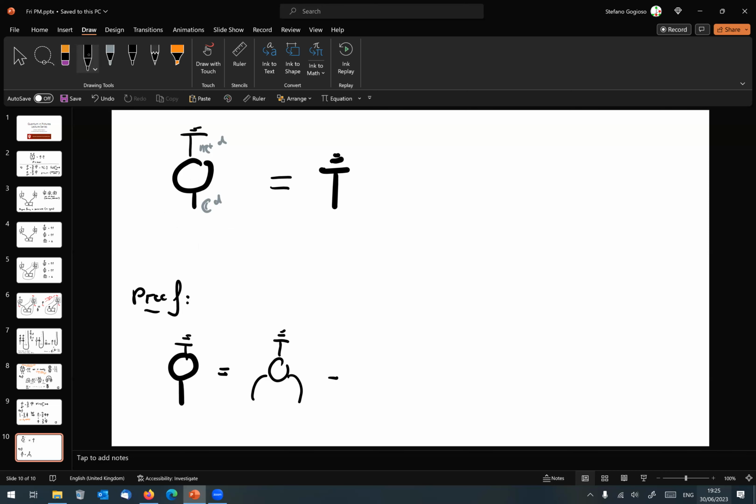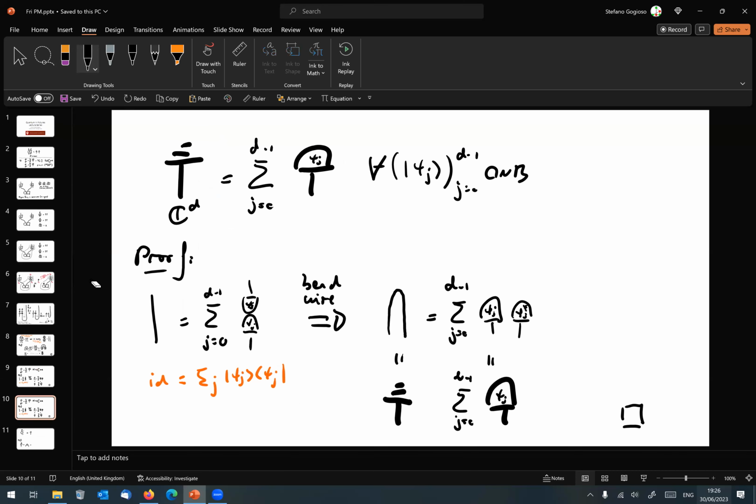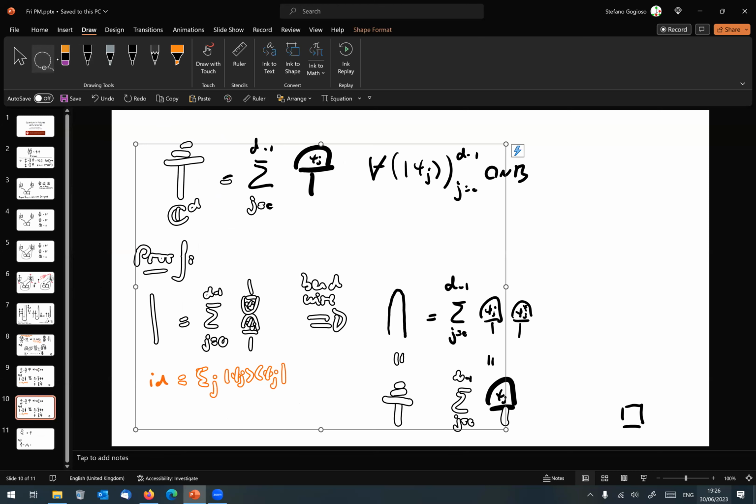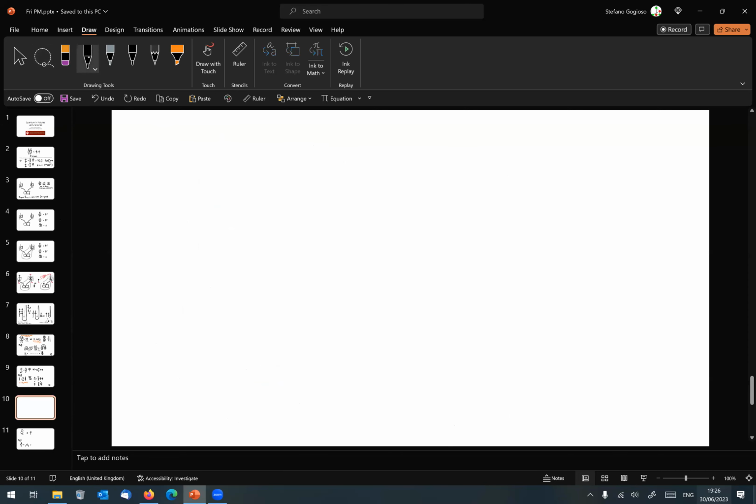So I can rewrite the discarding map. Actually, I didn't define the discarding map for a classical system. So let me do that first. For a classical system, I want the map that goes from the classical system and throws away all of the classical states.